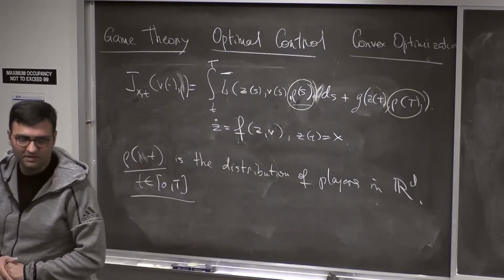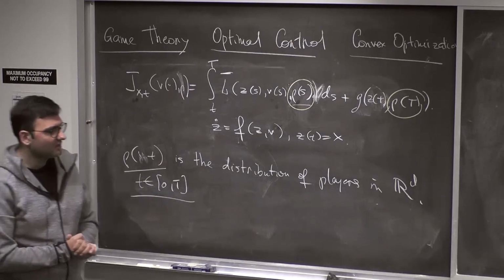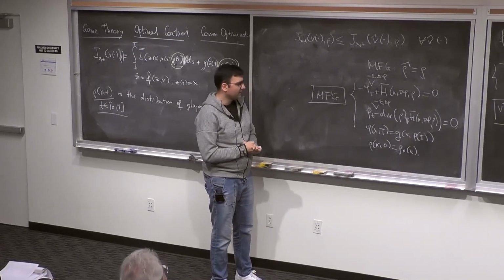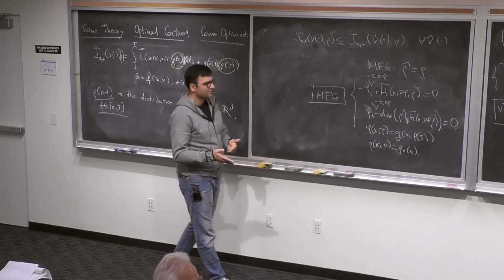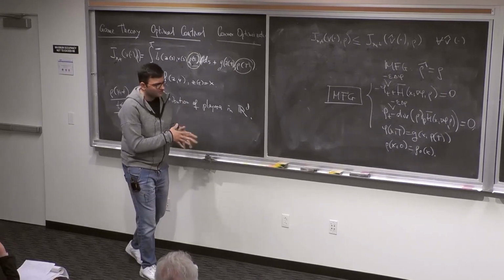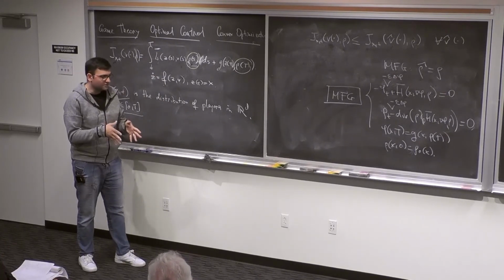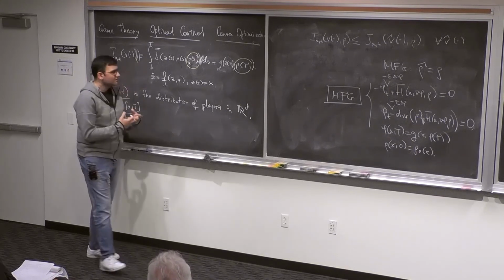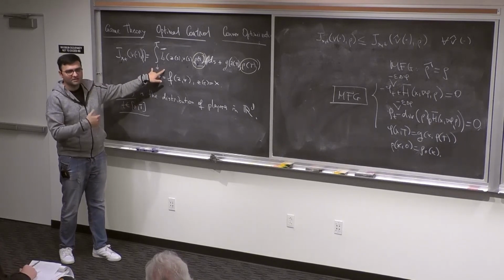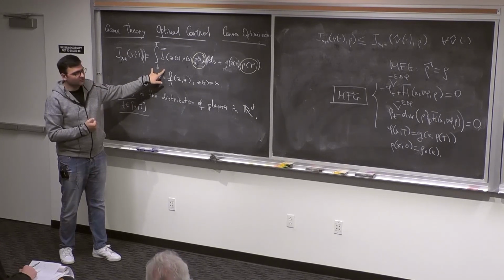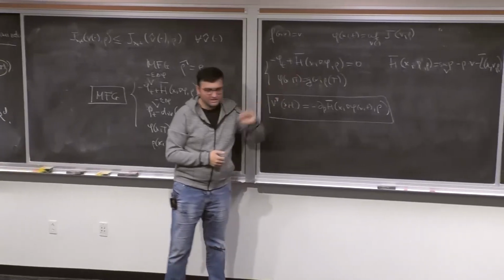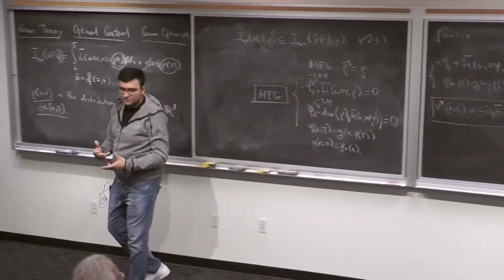Yeah. So what's the history of all this in my telling? There are two groups of people: Lasry and Lions on one hand, and Peter Caines, Minyi Huang and Roland Malhamé in the engineering community. The underlying structure is the same, but the type of costs that they were considering is different. PDE people like to work in this setting because in many cases you can calculate the Hamiltonian explicitly.